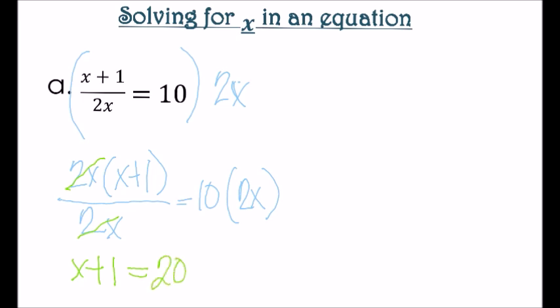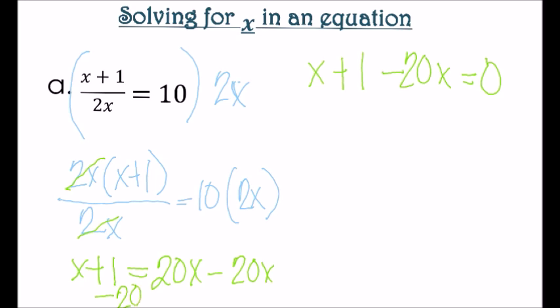We have 20x. Next, we transpose or apply the addition or subtraction property of equality. So x plus 1 minus 20x equals 0. So to eliminate 20x on this side of the equation, we subtracted 20x on both sides of our equation.